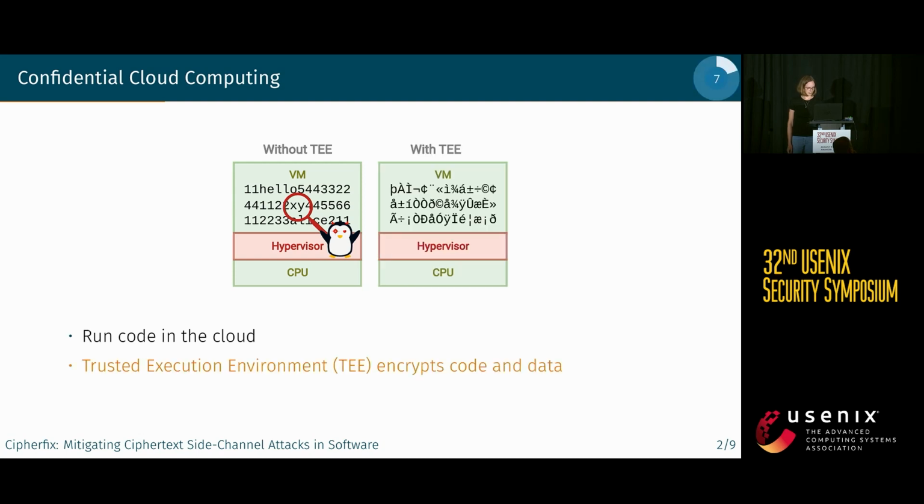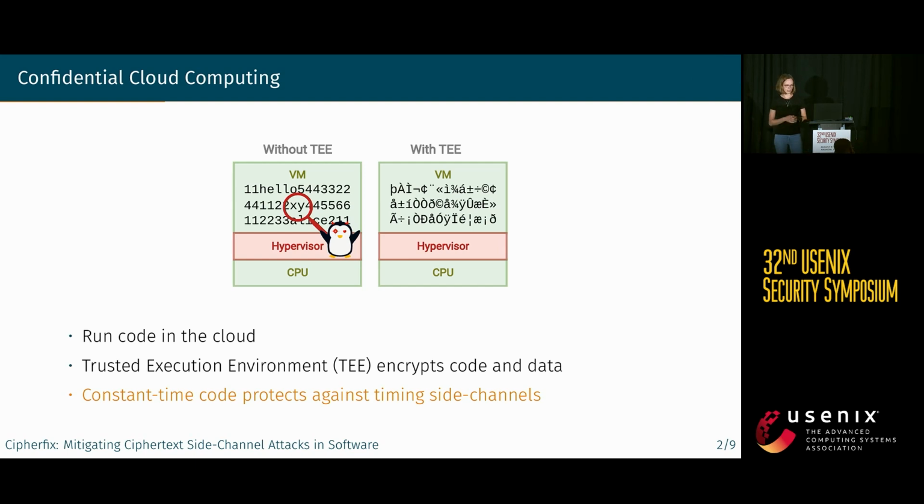To counter that, we can use a trusted execution environment, which gives us encrypted code and data, so that the attacker now doesn't see the clear texts but ciphertexts. And now that we started thinking about making things secure, we will also use constant time code.